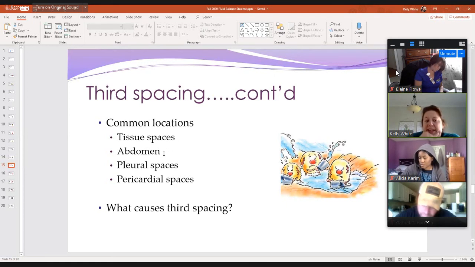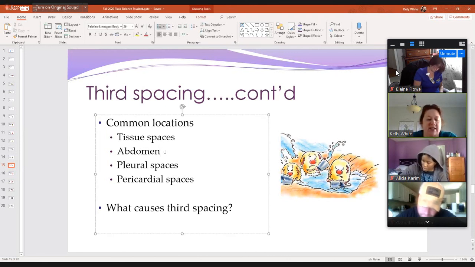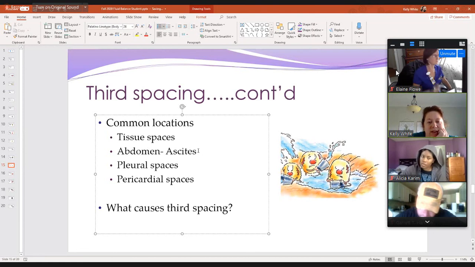You may see it in your abdomen, especially in patients with liver issues, and that's called ascites. I've had patients that are so distended and full of fluid in their abdomen that you can kind of smush on their abdomen and you can just see ripples of waves because it's got such massive fluid volume.